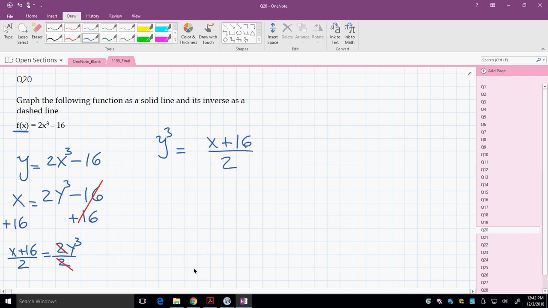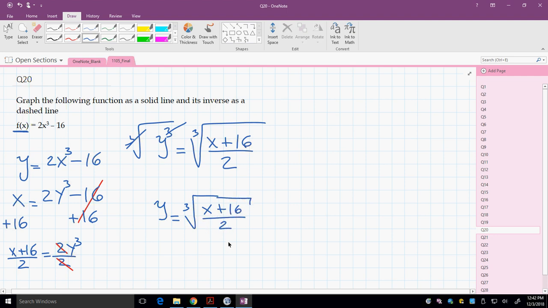In order for me to solve this, because I'm looking for y, not for y cubed, I'm going to cube root both sides. So the cube goes away. Now I have y is equal to the cube root of x plus 16 over 2.